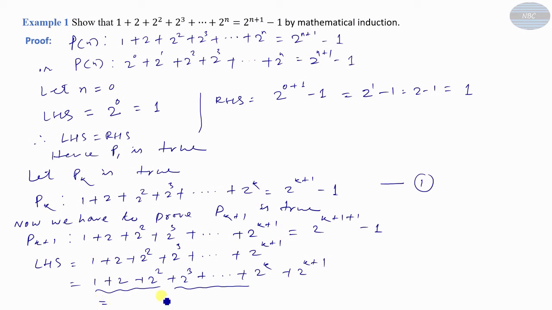This is equal to 2 to the power k plus 1 minus 1, which is the value of 1 plus 2 up to 2 to the power k, plus 2 to the power k plus 1. From equation 1 we got this one.